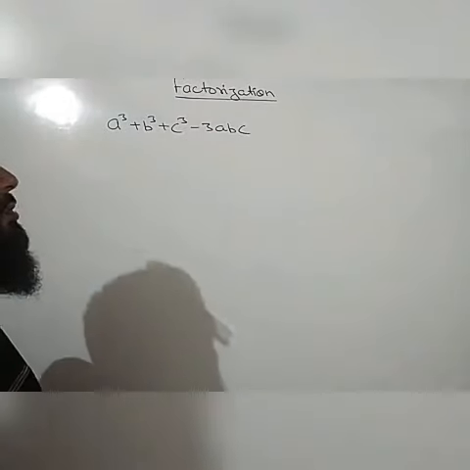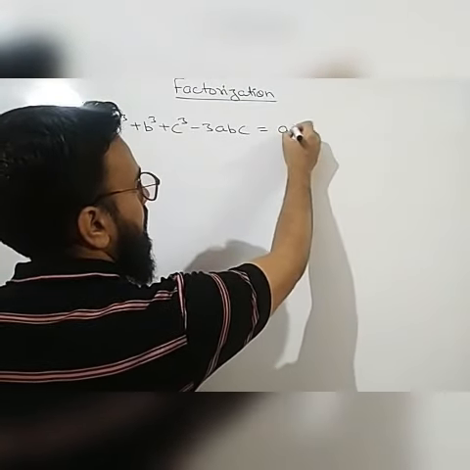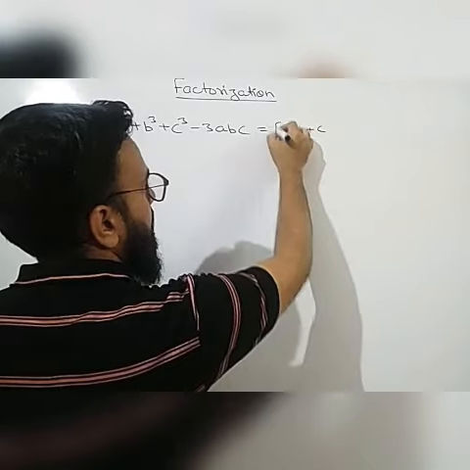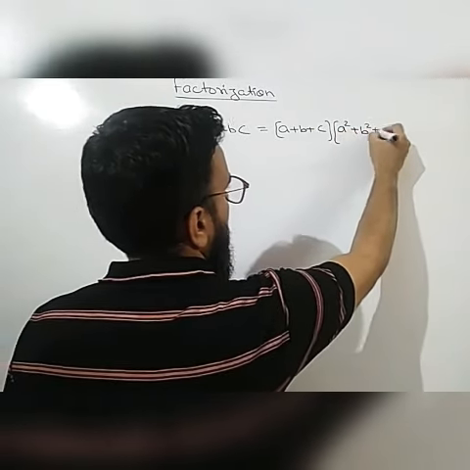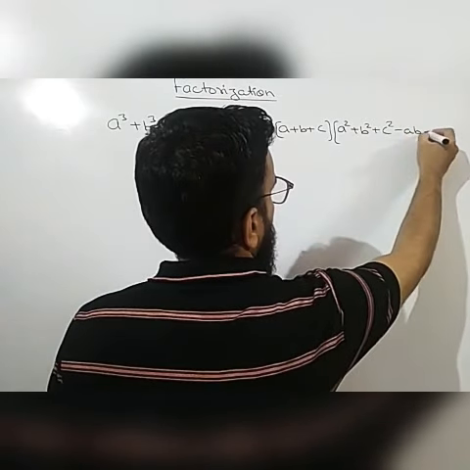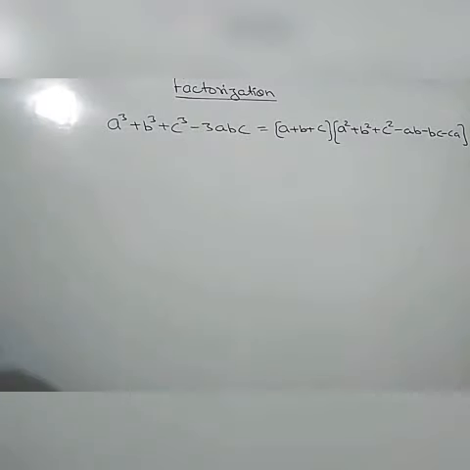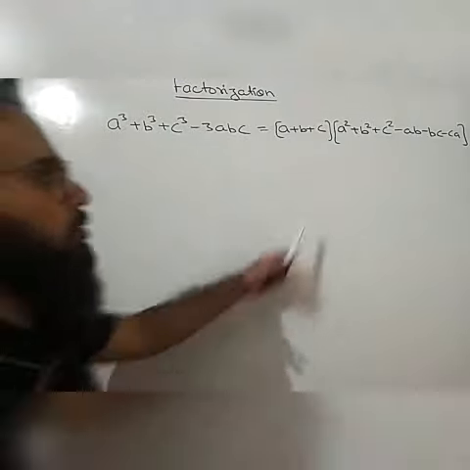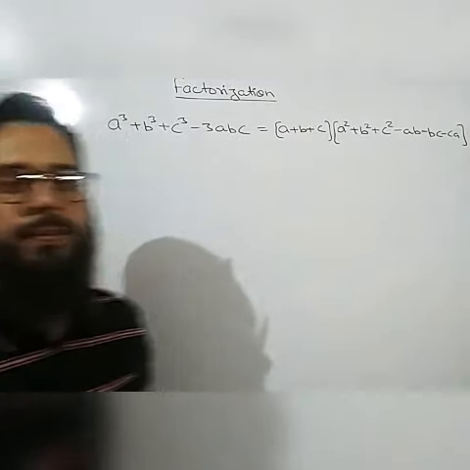It is equal to (a + b + c) in one bracket, then (a square plus b square plus c square minus ab minus bc minus ca). This is our identity: a cube plus b cube plus c cube minus 3abc is equal to (a + b + c) times (a square plus b square plus c square minus ab minus bc minus ca).